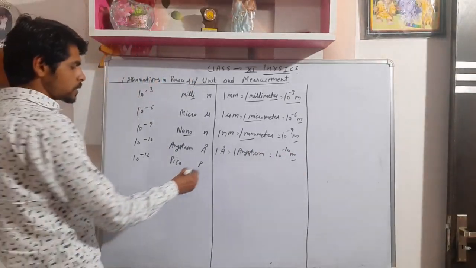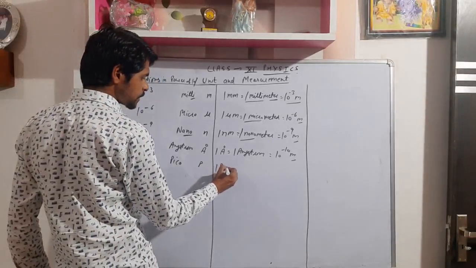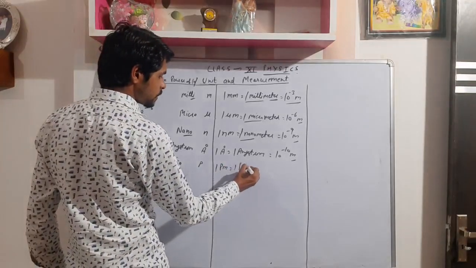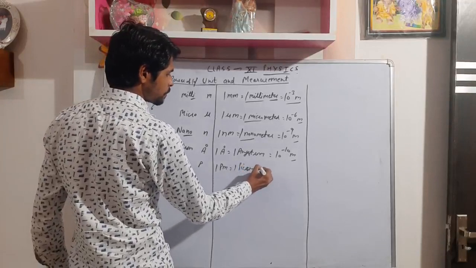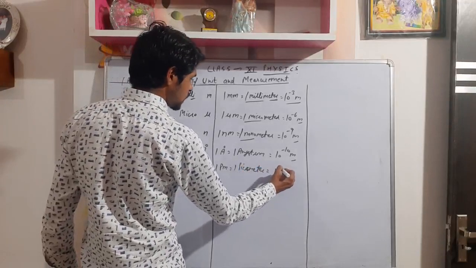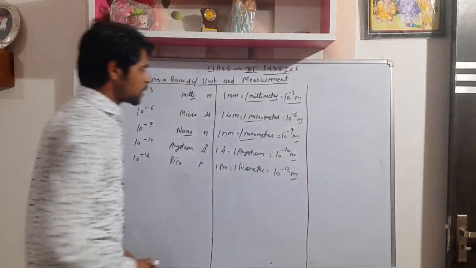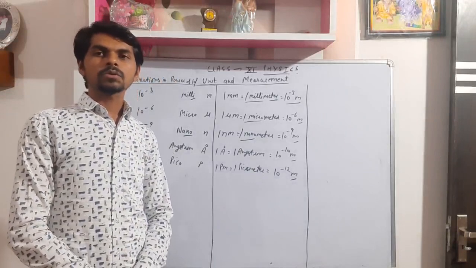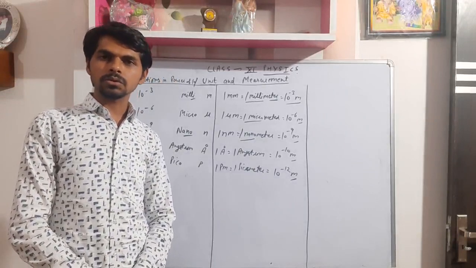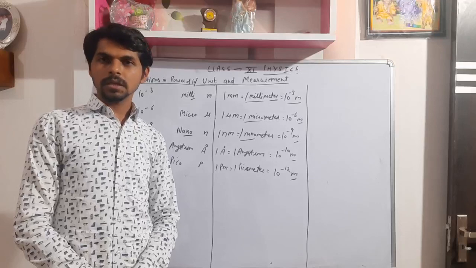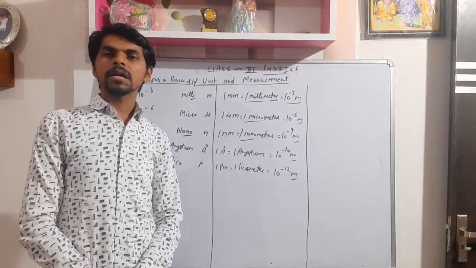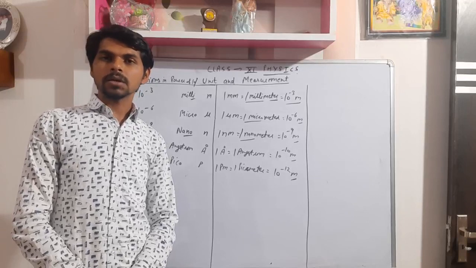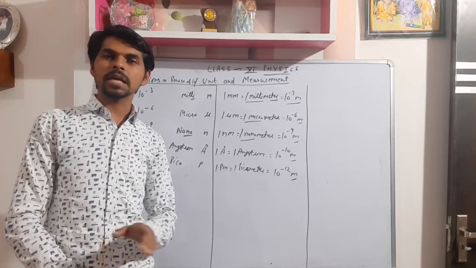Then what about next? What is picometer? 1 picometer is written as 10 to the power minus 12 meter. So these are the abbreviations to be used in calculation. If 1 nanometer is given in a numerical, because the SI unit of length is meter, we have to convert nanometer into meter.